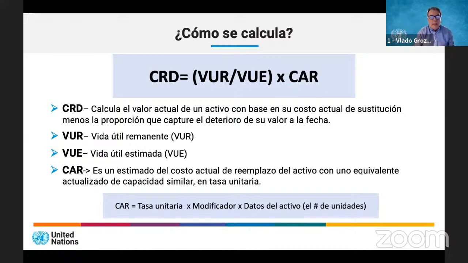That unit might be length, area, or quantity. For example, the unit rate of replacing a road can be, let's say, $100,000 per 100 meters, and then we multiply 100,000 by 10 kilometers. It's 100,000 by 100, and it's 1 million.